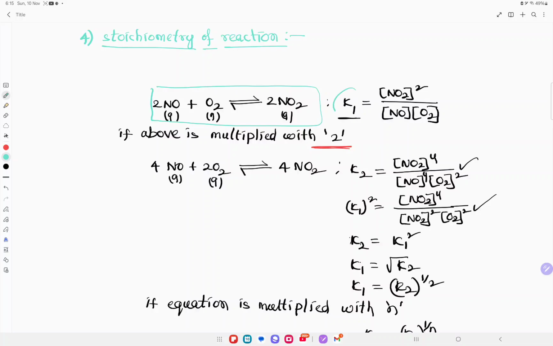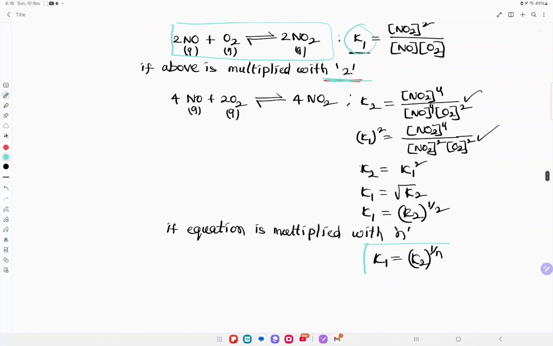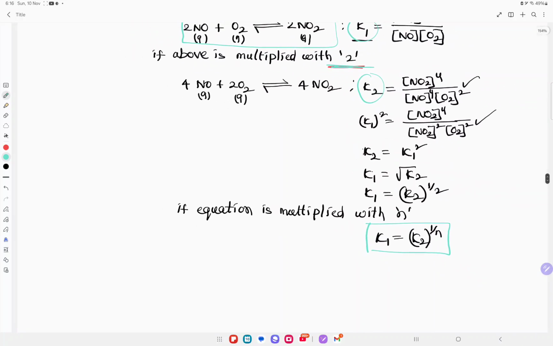This is K1. When the equation is multiplied by 2, we get the second equation. For that, the relation is this one. For K1 and K2, I have given the relation. Now, the above equation, that means the first equation, this one.